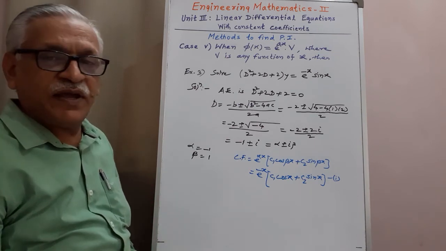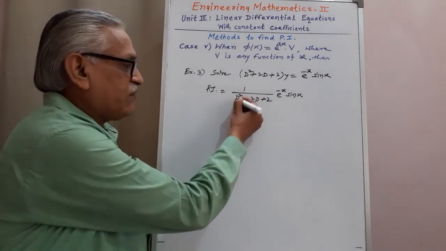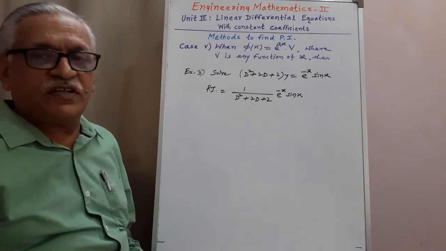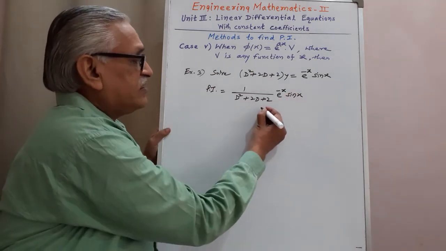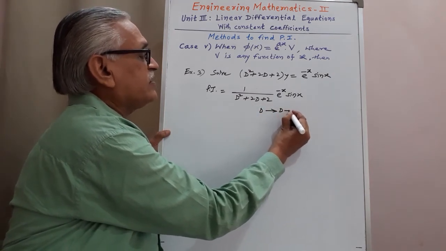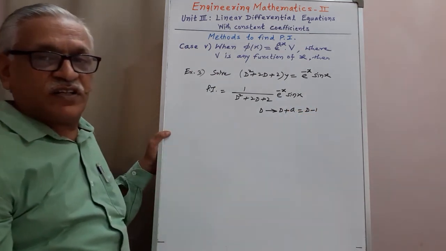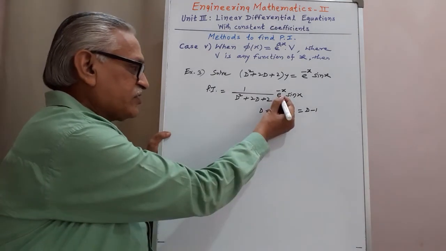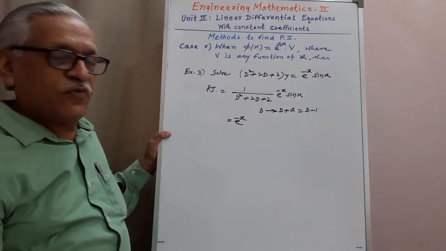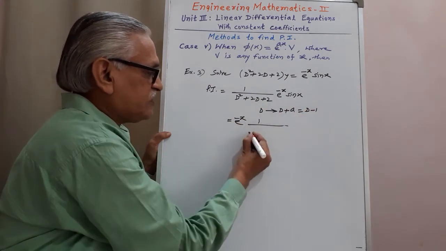Then we find PI. PI is given by the inverse operator technique, 1 upon f of D. Here f of D is D square plus 2D plus 2, which we have to operate on e raised to minus x into sin x. Using the rule, D is replaced by D plus a, here a is minus 1, and therefore D is replaced by D minus 1. While replacing it, we take e raised to minus x before the operator, 1 upon, replacing D by D minus 1 throughout.